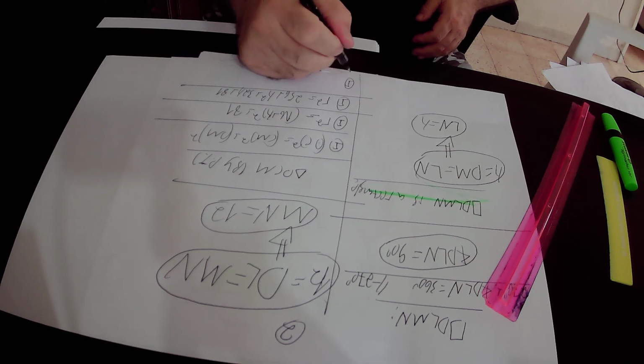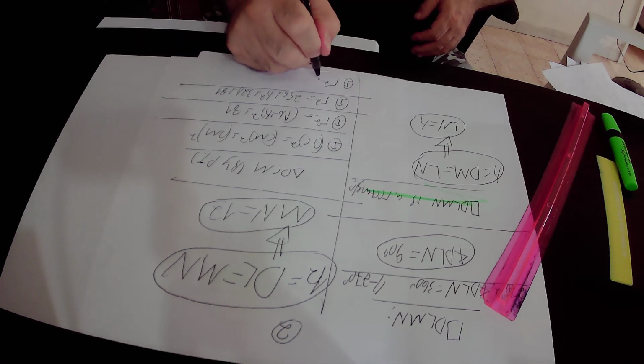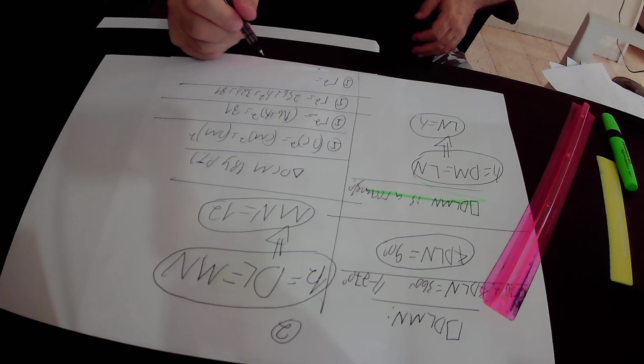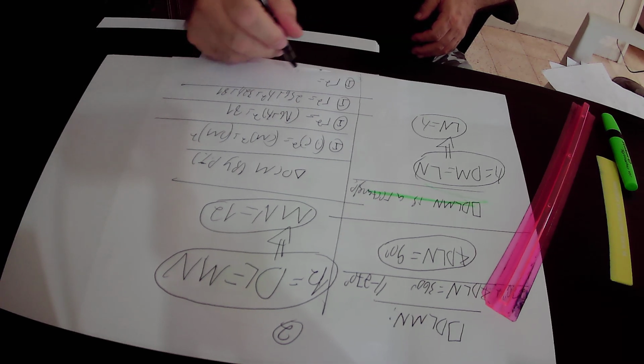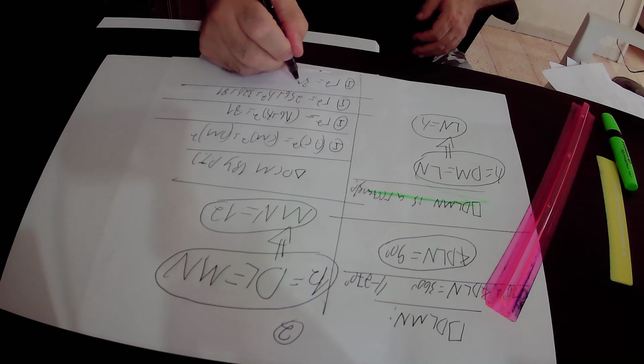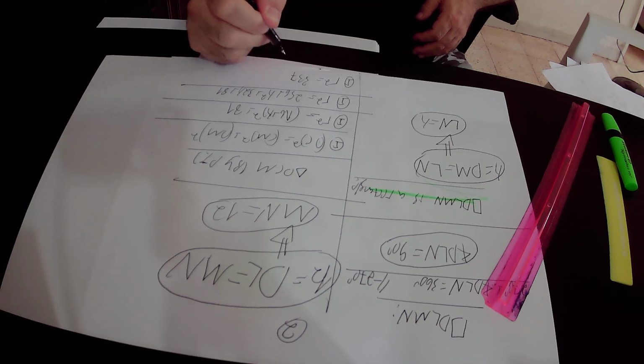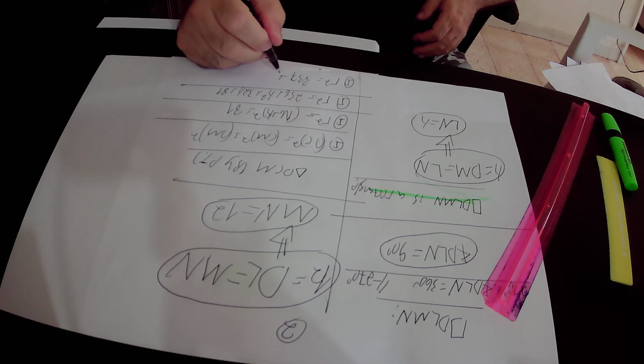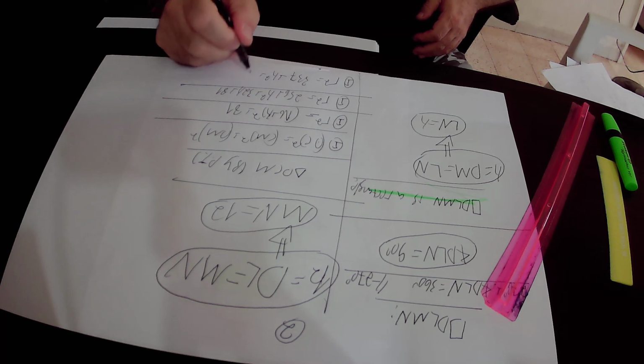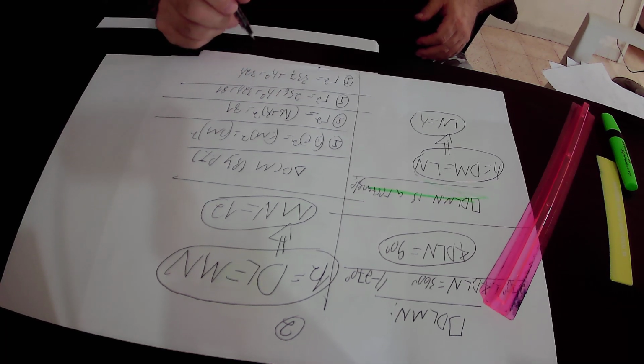So we found out that according to equation number 1, R square equals 256 plus 81, that is 337, plus H squared plus 32H.